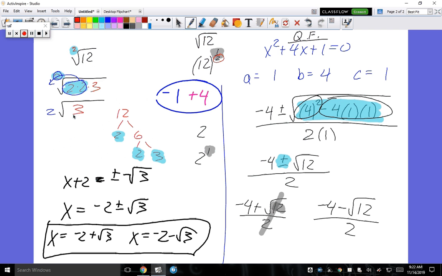For instance, let's say that we had 32, but we weren't taking the square root, we were taking the cube root. 32 is 2 times 2, which is 4, times 2, which is 8, times 2, which is 16, times 2, which is 32.